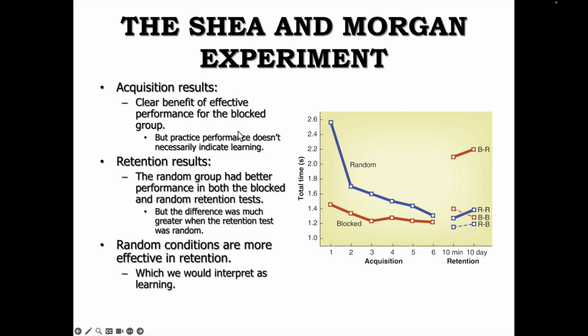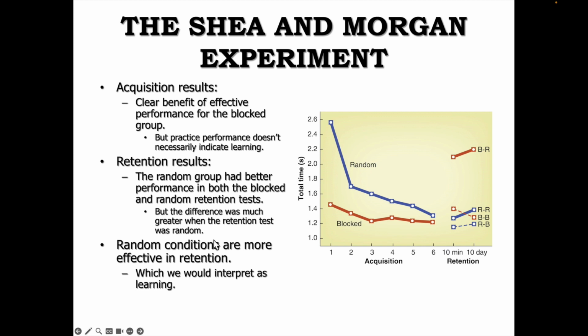But as we know, just because performance improves within the practice session doesn't mean we retain what we learned there to future sessions. What the retention results showed is that the random group had better performance in both the blocked and random retention tests, but the difference was much greater when the retention test was random.